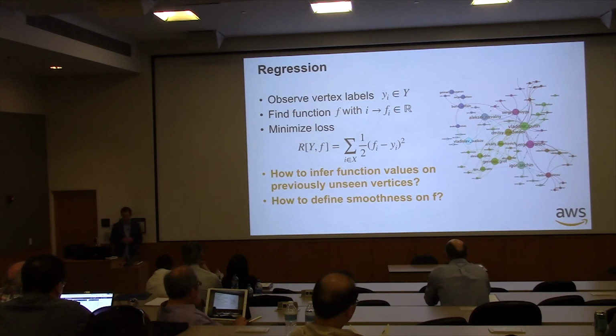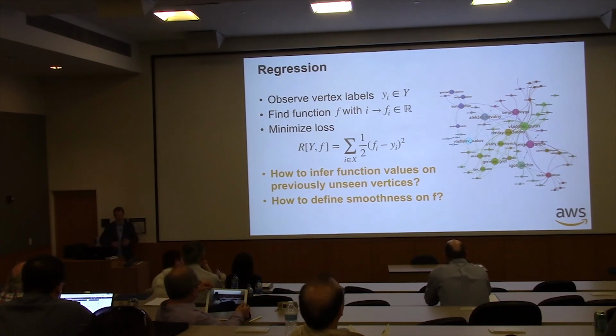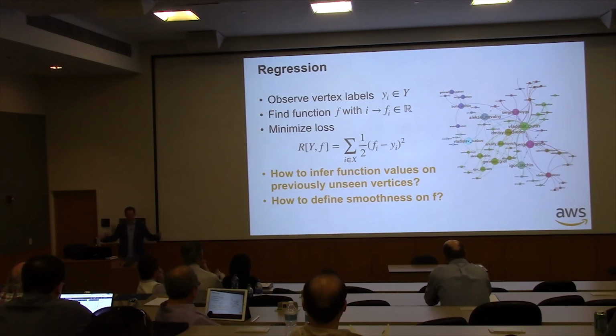Regression on a graph. So this is sort of vertex labels, like y_i, and I want to find some function, taking this a little bit liberally because I have a fixed number of vertices. At least in the simplest case, it's really a vector.